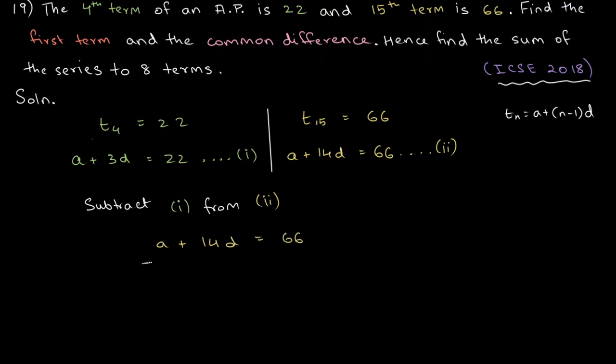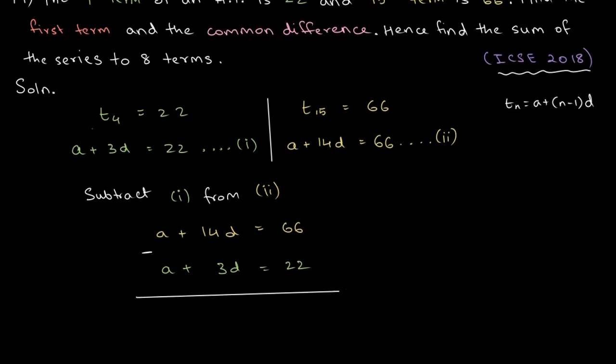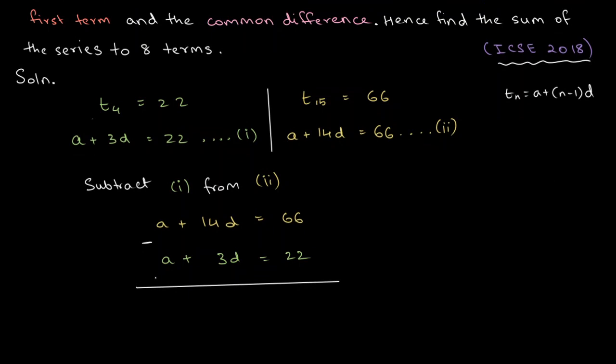From this, I will be subtracting the first equation, which is A plus 3D equal to 22, right? Now, remember when you're subtracting the two equations, the signs of the equation being subtracted are all reversed. So plus A becomes minus A, plus 3D becomes minus 3D, and plus 22 becomes negative 22.